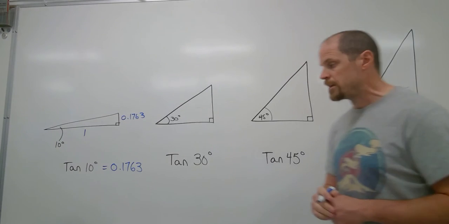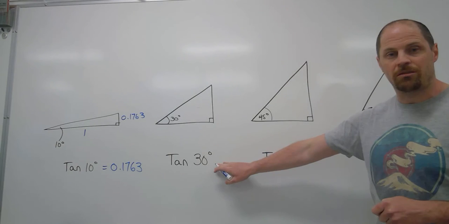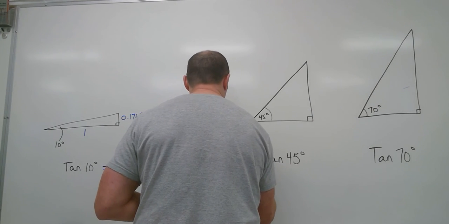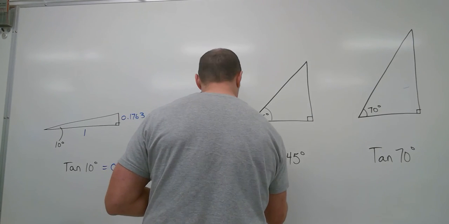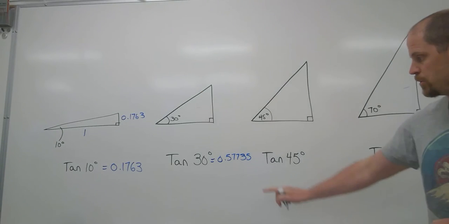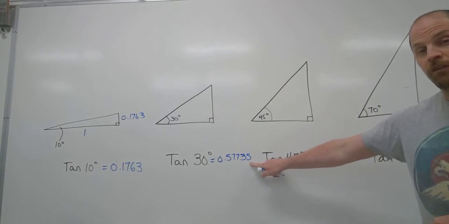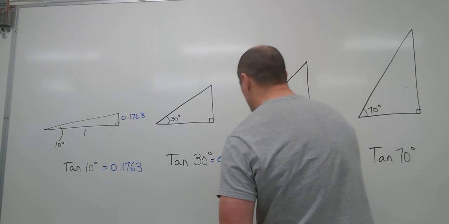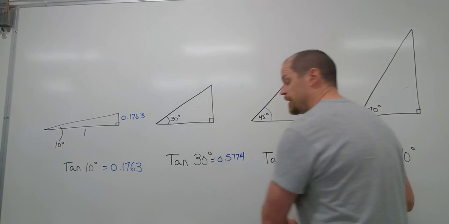The next one, if we type in tan 30 into our calculator, I always want to have 4 decimals, so I've put 5 here. The 5th decimal, we're going to end up rounding it to 0.5774.